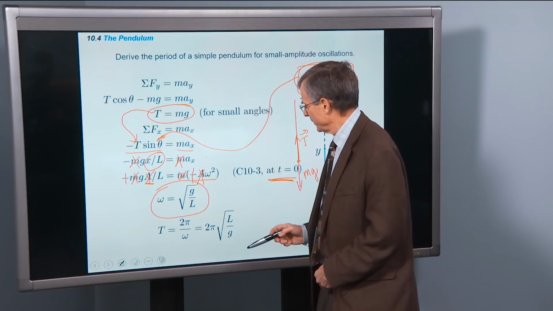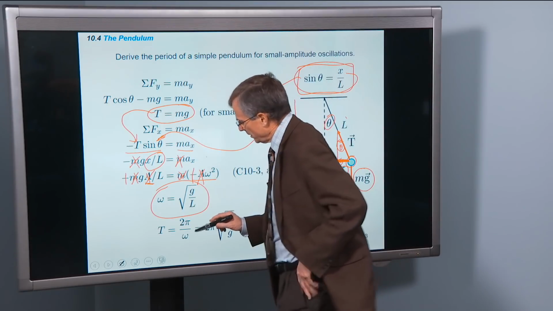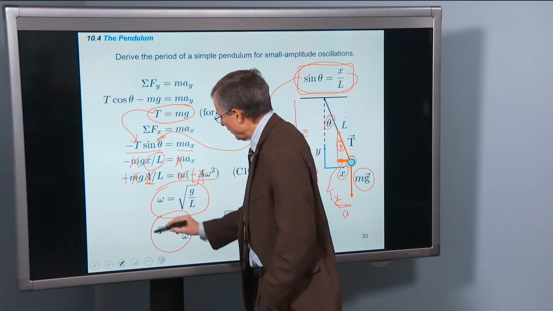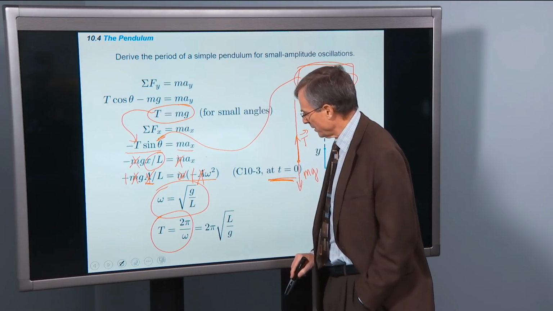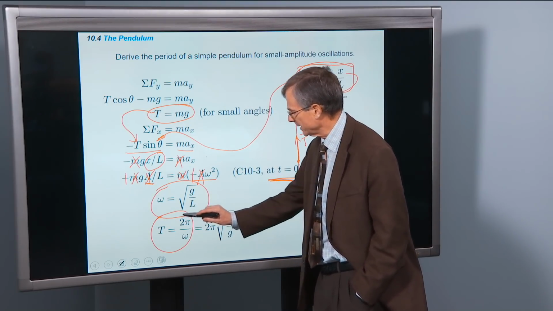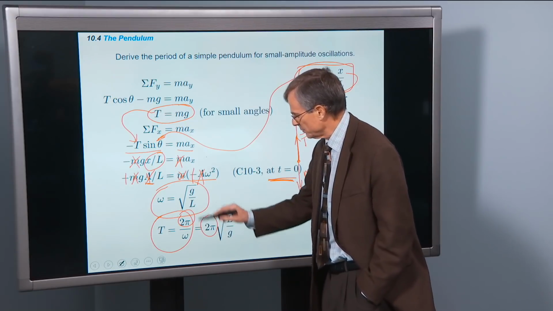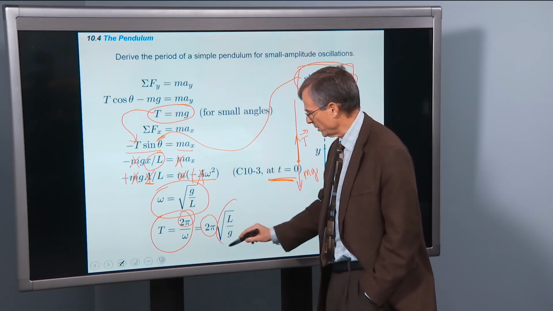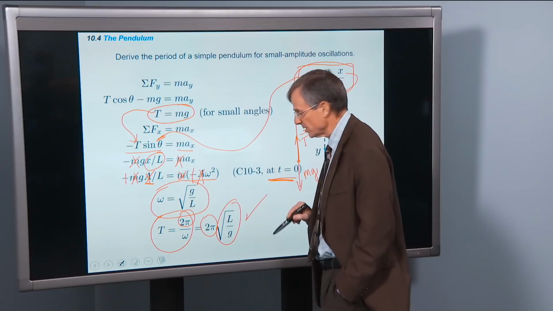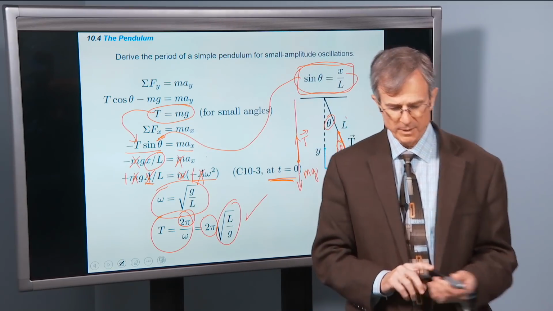And then we can find the period as 2 pi over omega, like we talked about before. That'll be 2 pi that comes along for the ride, times 1 over omega. Well, that's just the square root of L over g. And this is the relationship that we talked about in that demo video.